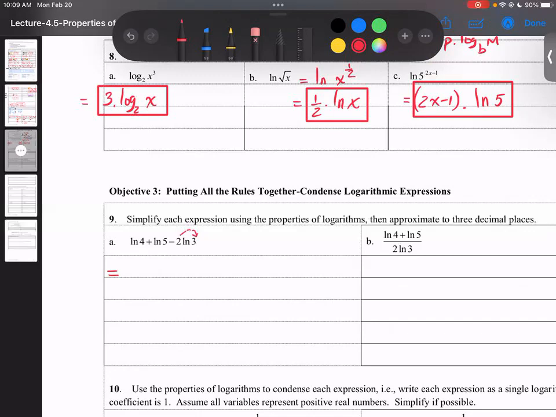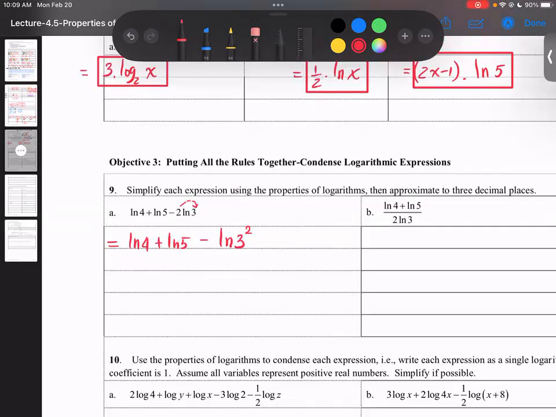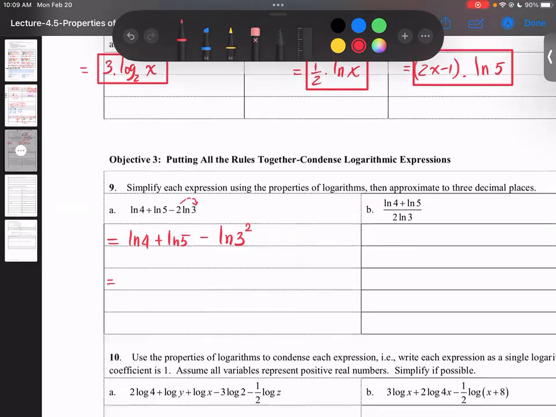So ln 4 plus ln 5 minus ln 3 to the second, which is ln 9. Right? Can I multiply the first two logs using the product rule? So ln of 4 times 5 is 20.